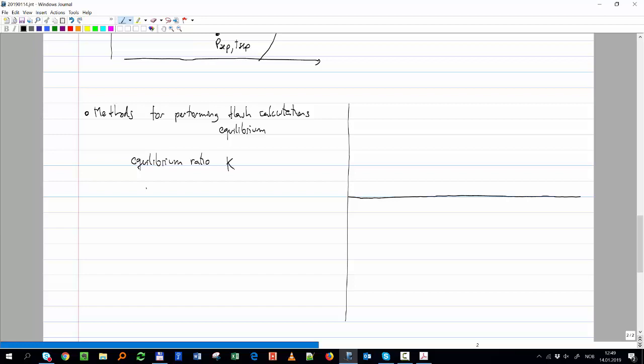And that I define for each component individually. If I have methane, ethane, propane, for each one of them I have to define this equilibrium ratio. That's why I put Ki, that means for component i.